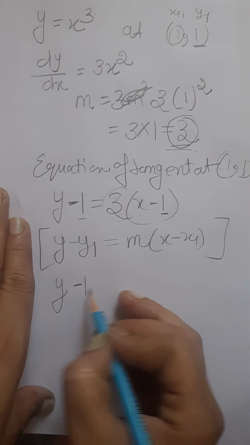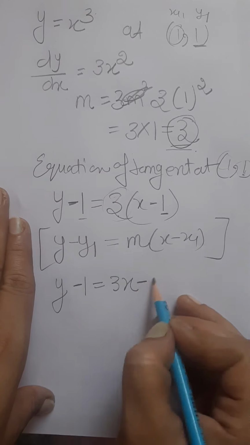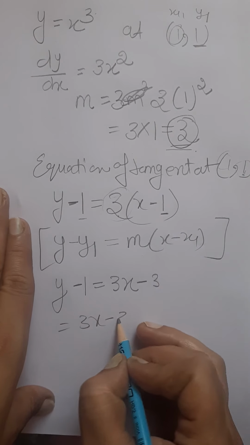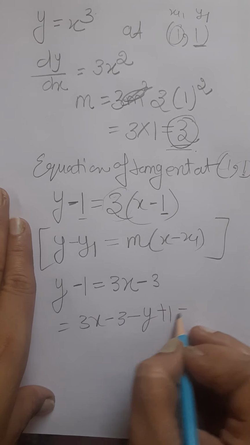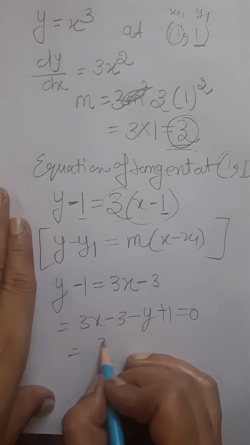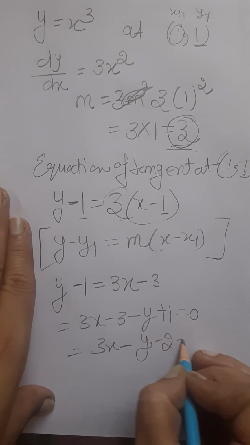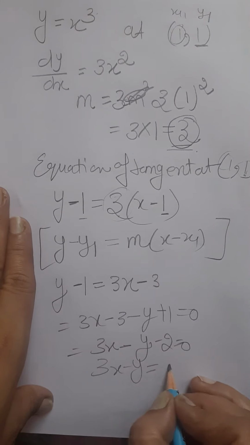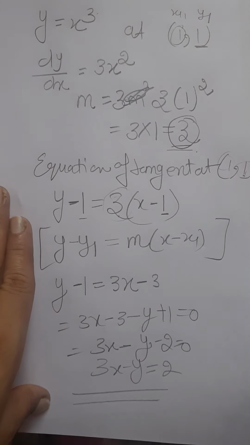We get y minus 1 is equal to 3 multiplied by x minus 1, and by applying some algebraic operations we get 3x minus y minus 2, and in the form of a straight line we get our answer. So this is our equation of the tangent.